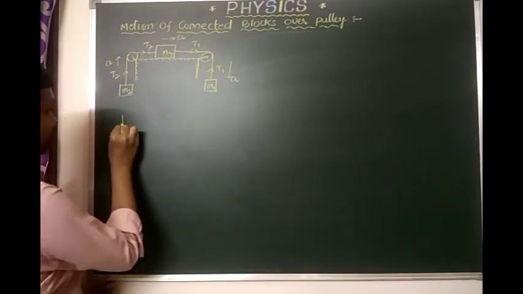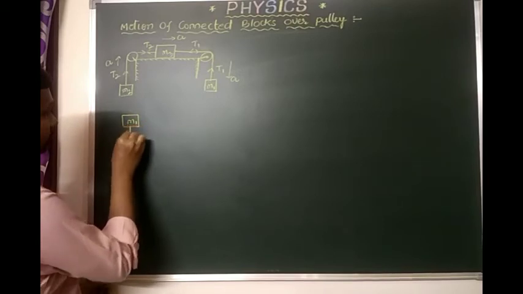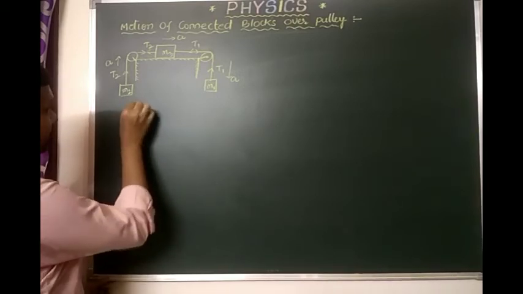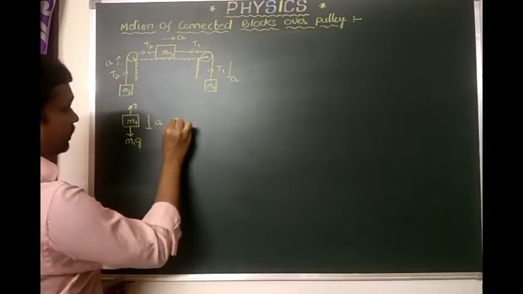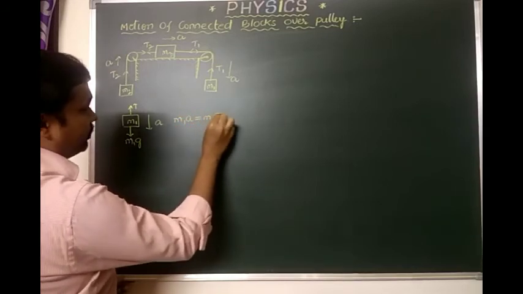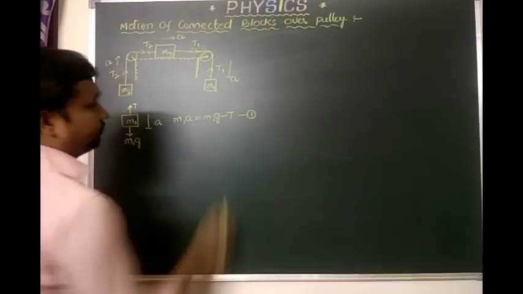First you need to draw free body diagrams. For M1, weight M1G is downward, tension T1 is in the upward direction, and acceleration is in the downward direction, so the net force M1A equals M1G minus tension T1. This is equation number 1.